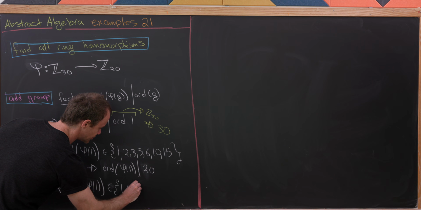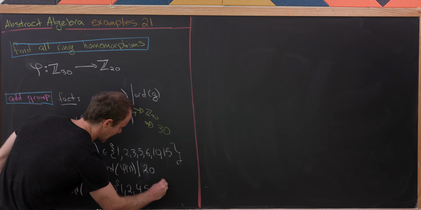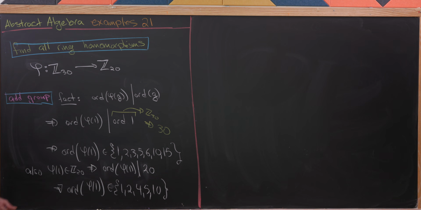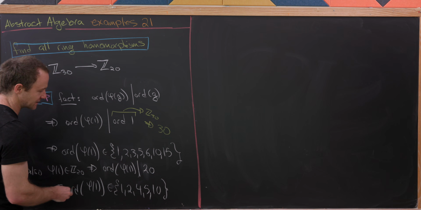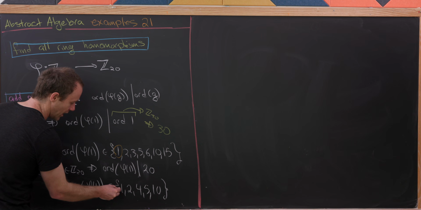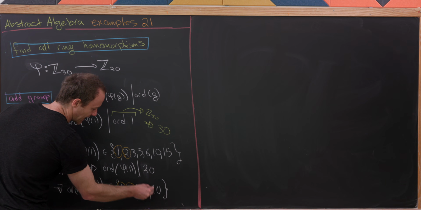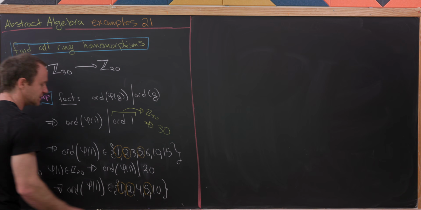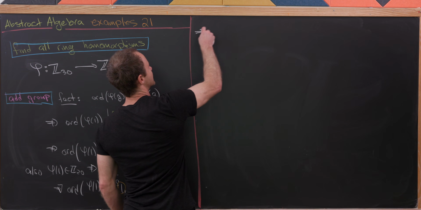So we have 1, 2, 4, 5, and 10, and that's it. And now we just need to look at the overlap of these possibilities. So let's see. We do have some overlap. We have overlap at 1. We have an overlap at 2. And then we have an overlap at 5. So those are our possibilities. Okay, so let's write those out.